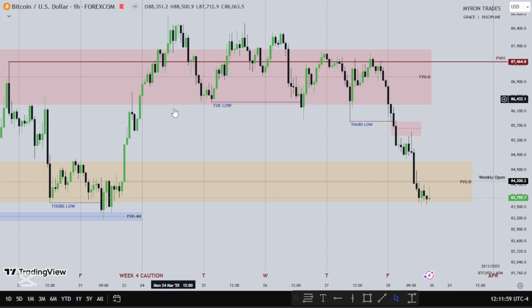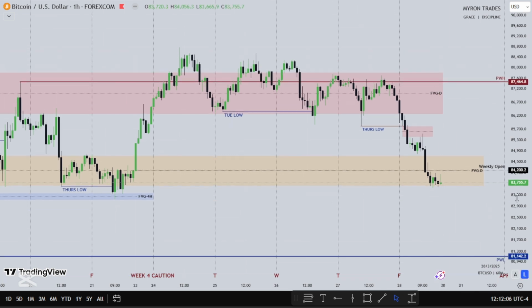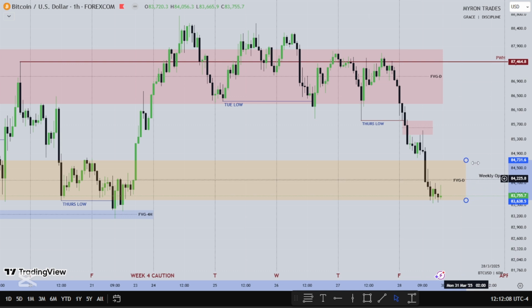Look at Monday, look at Tuesday, look at Wednesday, look at Thursday, and Friday. Finally get the expansion for the week. After Monday, with the opening of the week on Sunday, price rallied up aggressively, taking out previous week high, then traded up, down, up, down, up, down, and crashed.